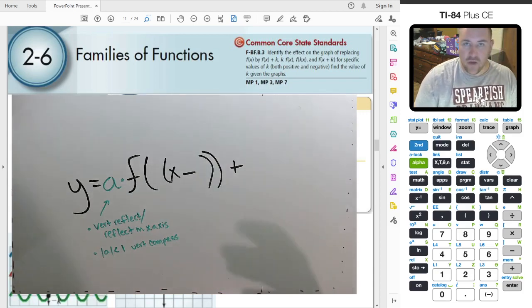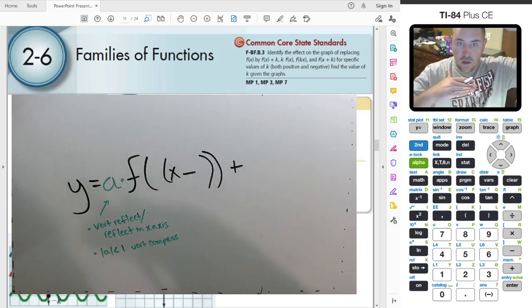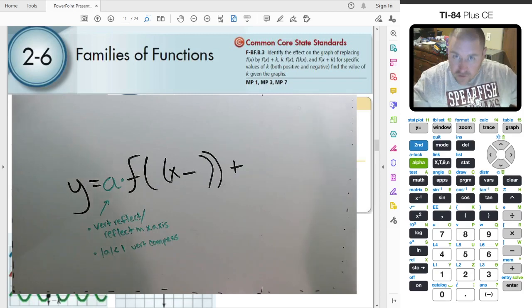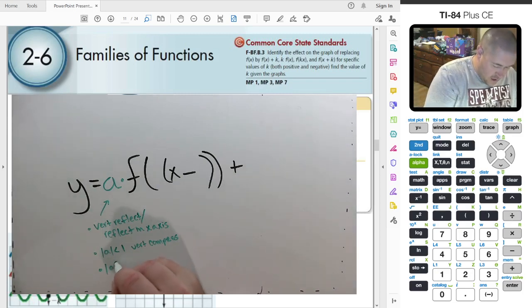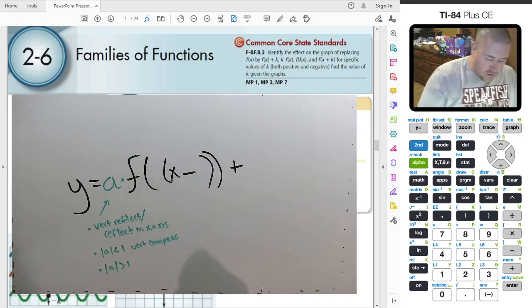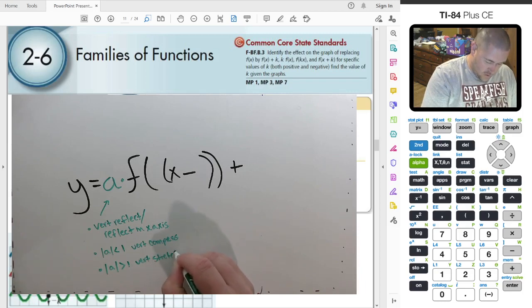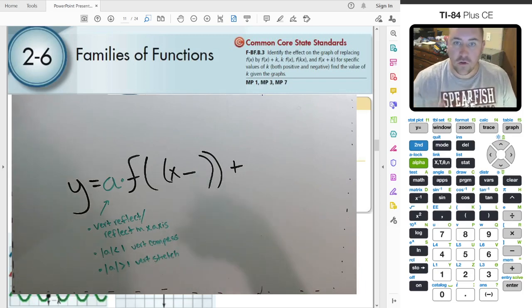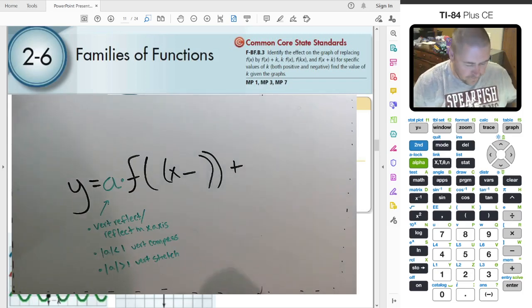So, for example, if A was a half, think of whatever function you have is half as tall. You know, Hagrid sat on your cake. If A is greater than 1, that's a vertical stretch. Think y equals 2x. It's now twice as tall as it used to be.